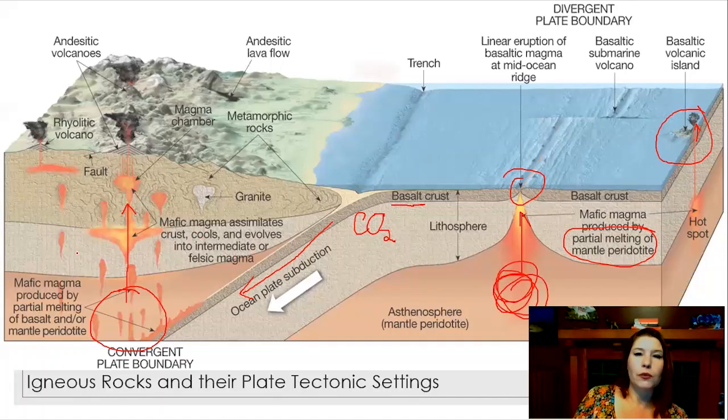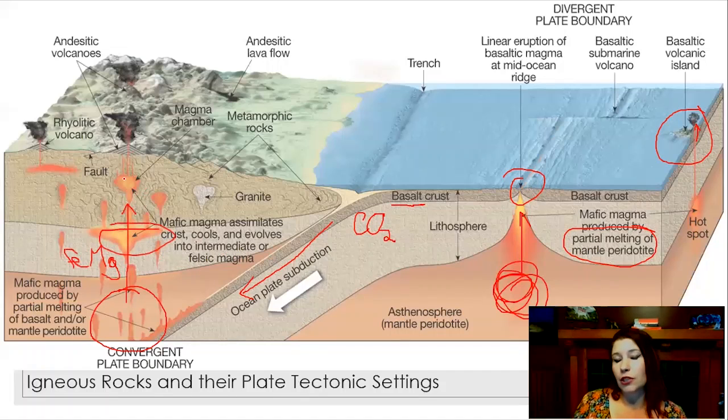So what elements are we losing? We're losing iron and we're losing magnesium, because the minerals that these elements make up are crystallizing at a hot temperature. And so this mafic magma is going to kind of sit here and assimilate into the crust, but it's going to continue to cool. So as it cools, well, we've just lost a bunch of iron and magnesium.